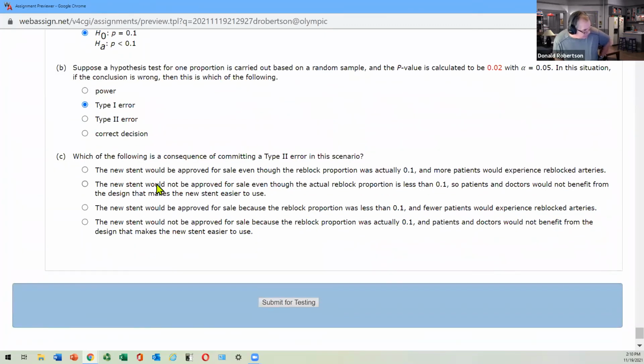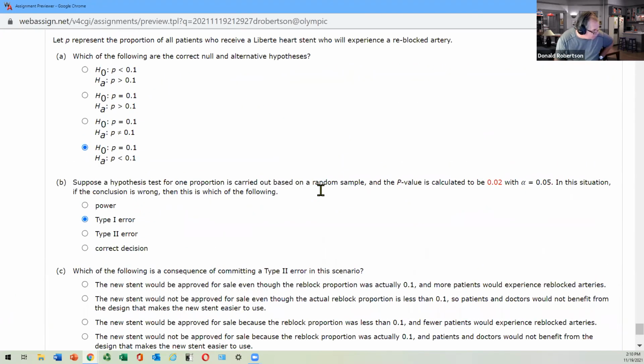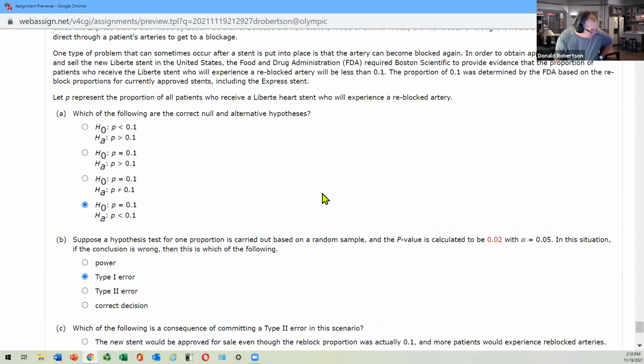Which of the following is a consequence of doing a type 2 error? Now, if you were doing a type 2 error, wouldn't you come to the conclusion that it wasn't less than 0.1? Right? You would say it's just as good.